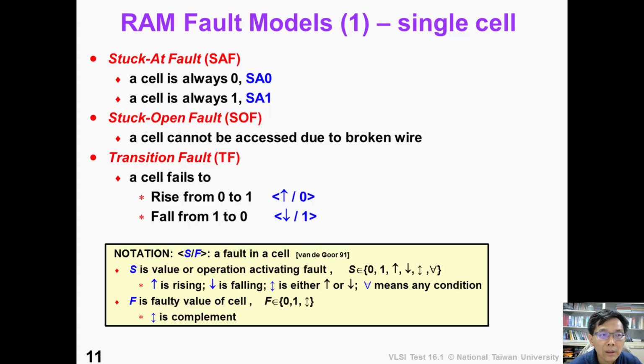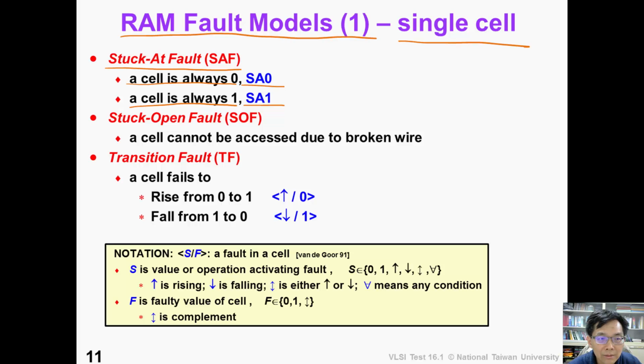Now let's look at the first RAM fault model for single cell. We have our old friend stuck-at fault, SAF. There are two types of stuck-at fault. Stuck-at 0 means a cell is always 0, and stuck-at 1 means a cell is always 1.